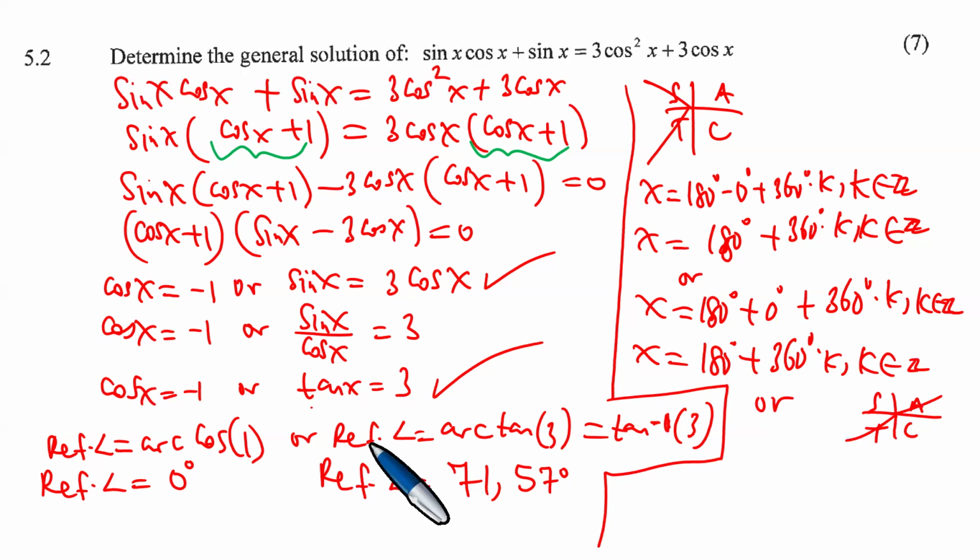Okay, so which means we're going to use the first one: x equals 71.57 degrees plus 180 degrees times k, for the tangent, k in the integers.